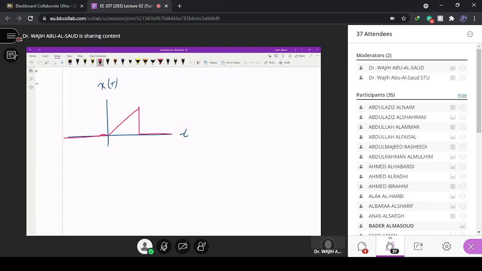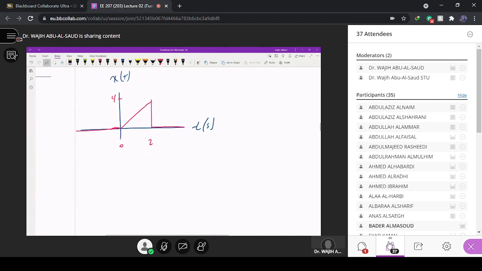If you think about it, it's 0 everywhere except between 0, for example, and 2 seconds. This is time in seconds. Okay, it increases linearly until it reaches a value, for example, of 4. At t equal to 2, the value of that signal becomes equal to 4, and then it drops back to 0 and continues at 0. Okay, now this is x of t.